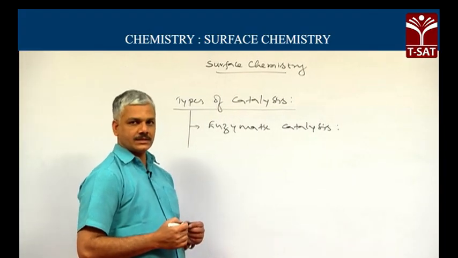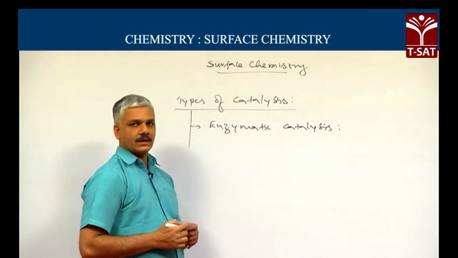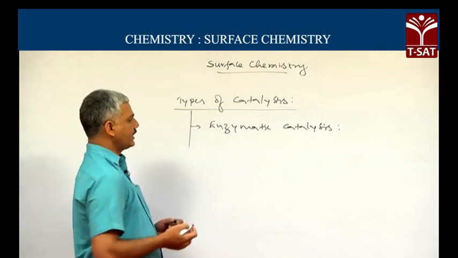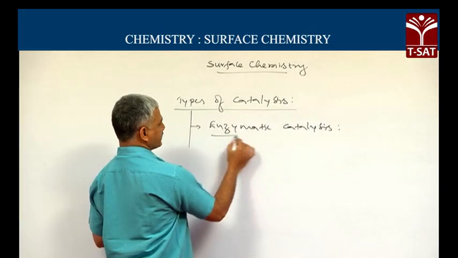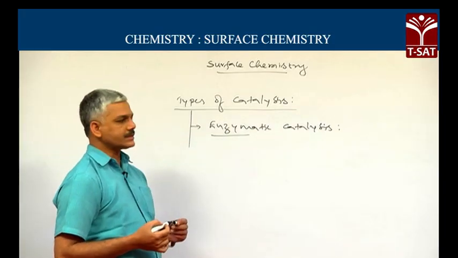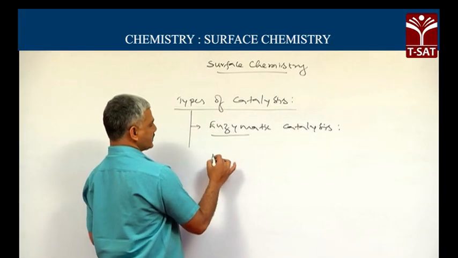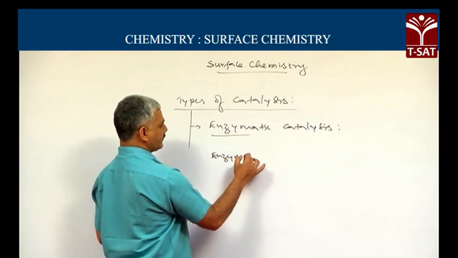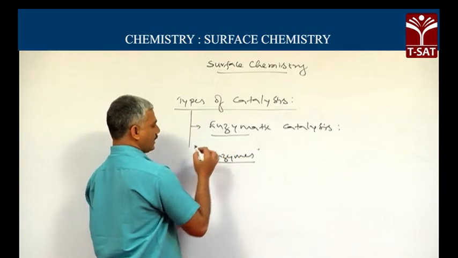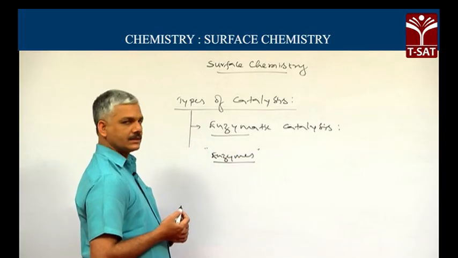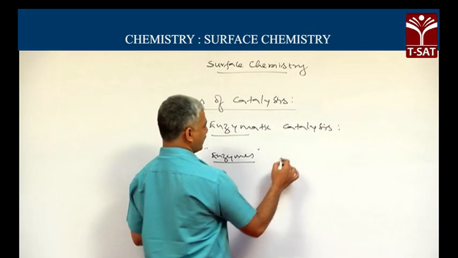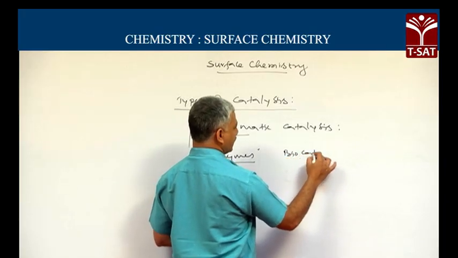Enzymatic catalysis reactions. If a reaction is catalyzed by means of enzymes, then it is called an enzymatic catalysis reaction. Enzymes are produced by living organisms, hence these are also known as biocatalysts.